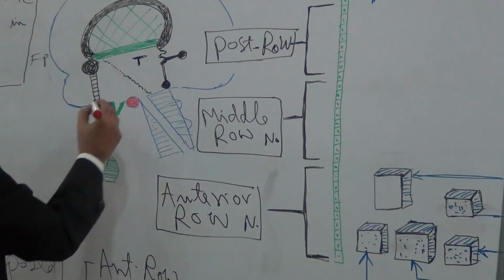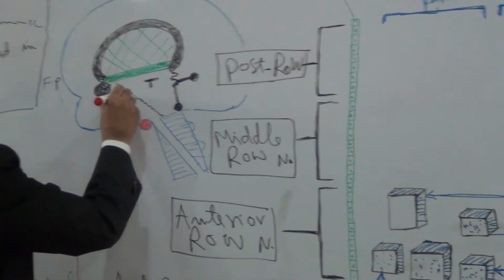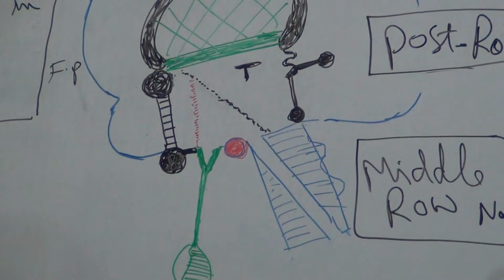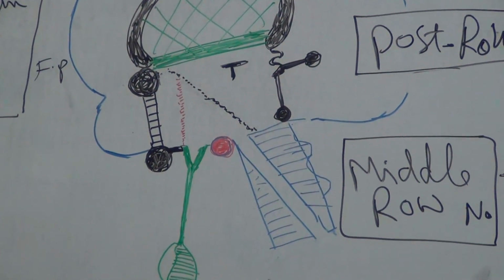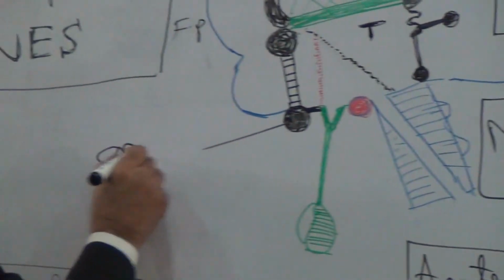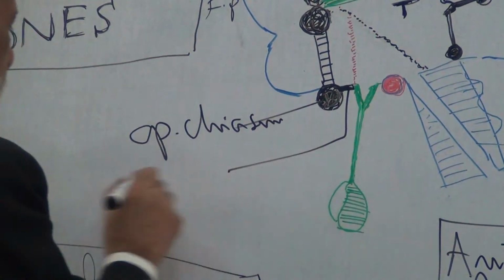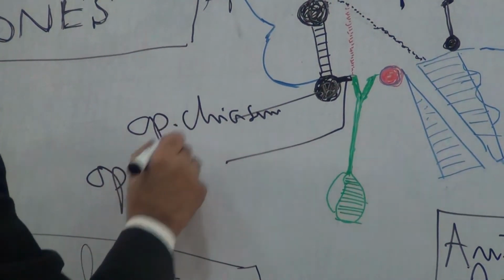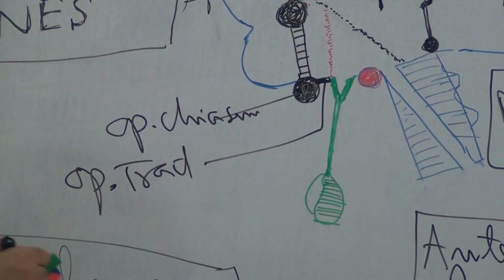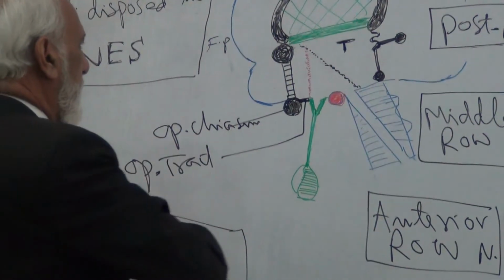So just above the level of optic chiasma and optic tract, these nuclei are located. So this is anterior row.